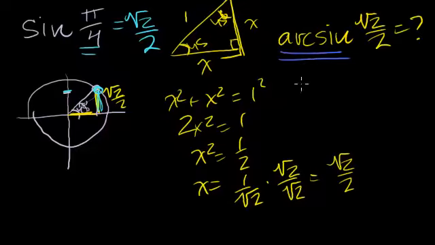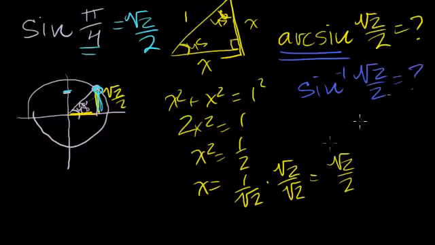This could have just as easily been written as, what is the inverse sine of the square root of 2 over 2? All this is asking is, what angle would I have to take the sine of in order to get the value square root of 2 over 2?